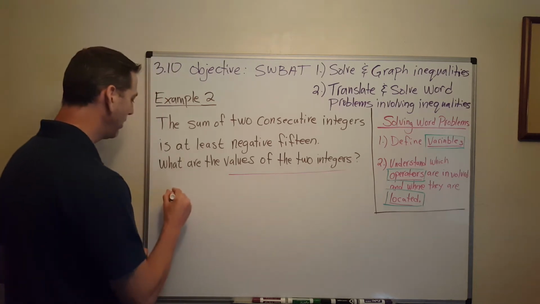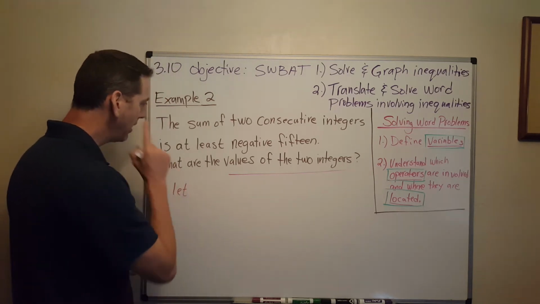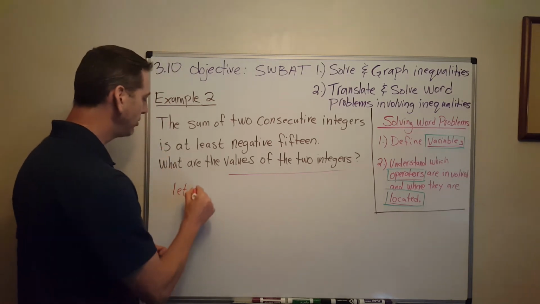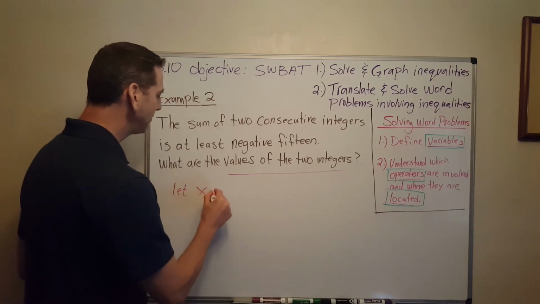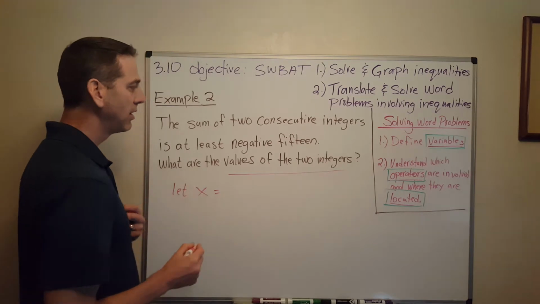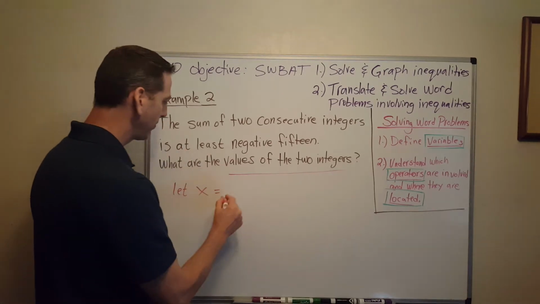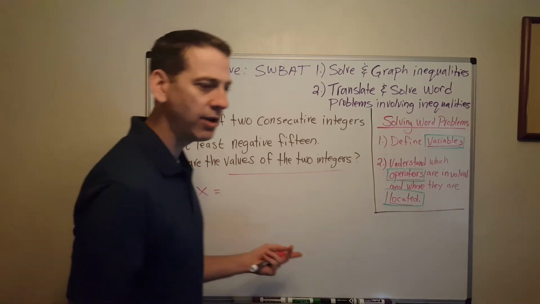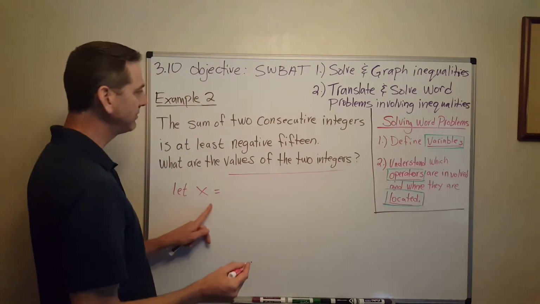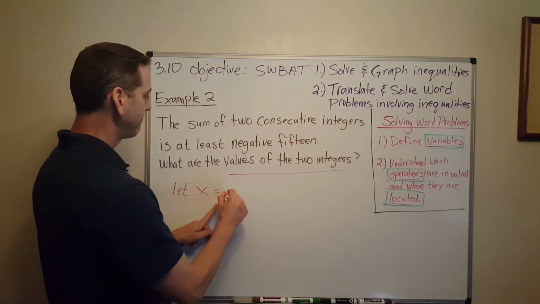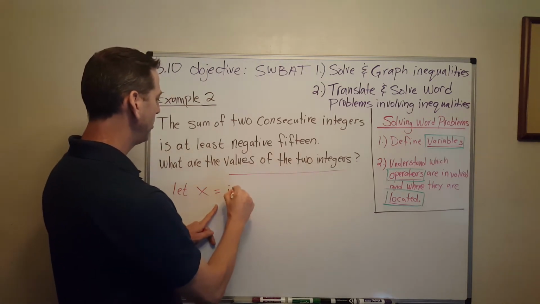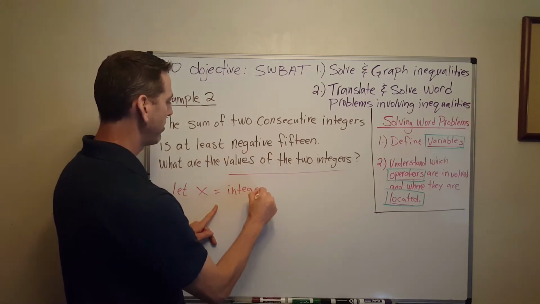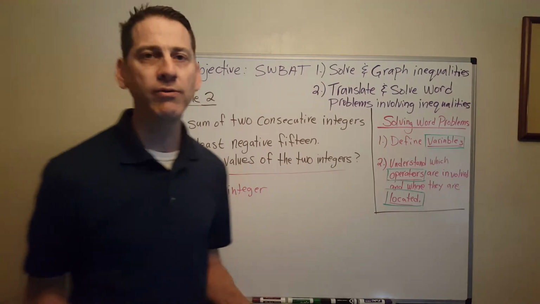So I'm going to let, this time I'll choose x. You can choose any letter you want. I'm going to let x equal the first integer, or you could say the value of the integer.